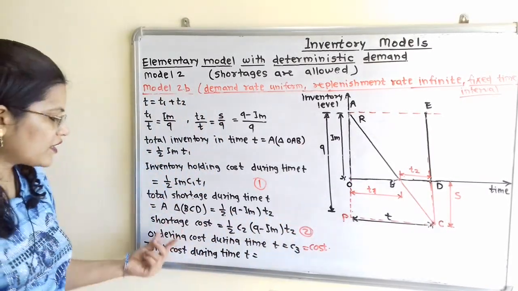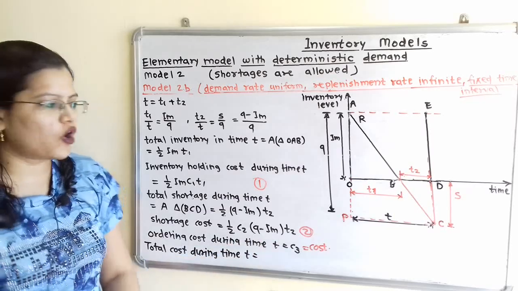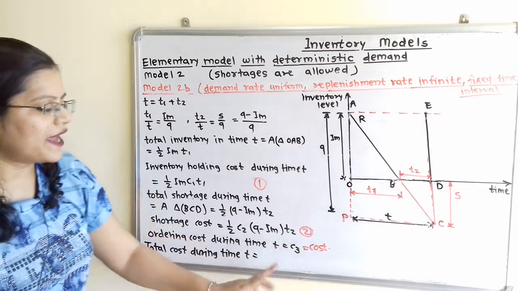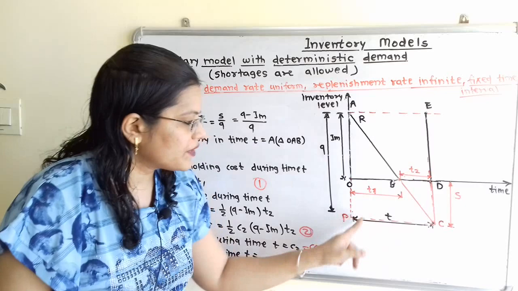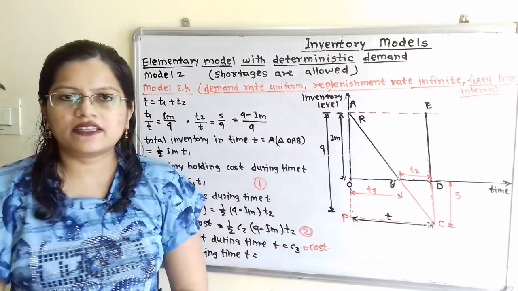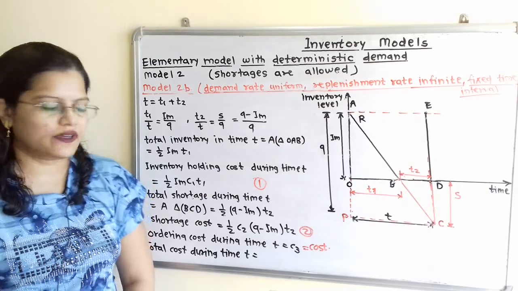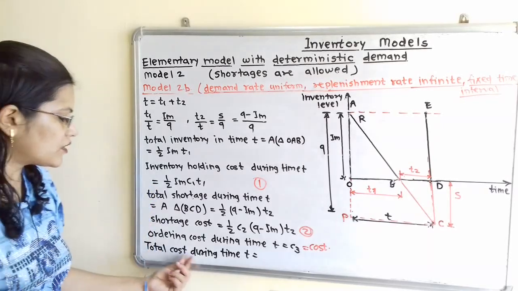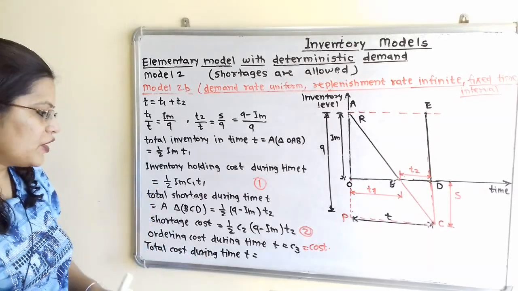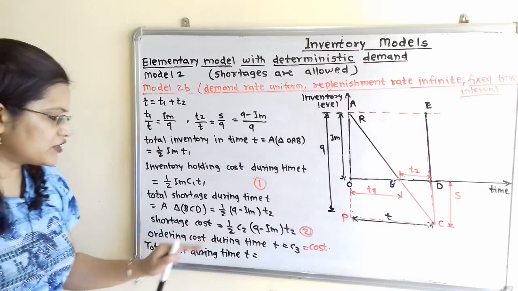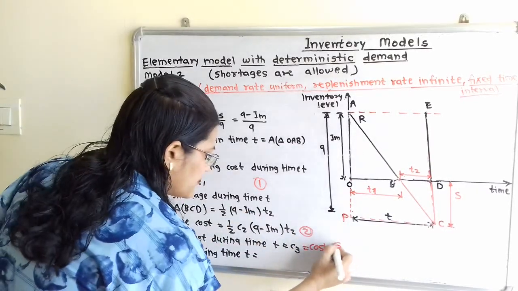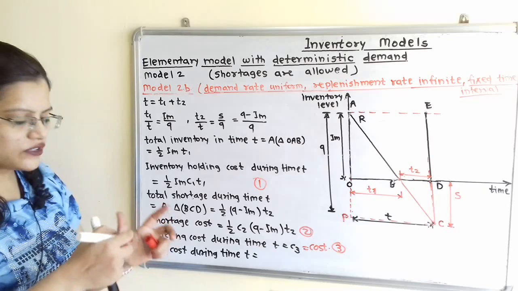Next is ordering cost during time T. So ordering cost is C3, and we know that this T is also constant and therefore C3 also remains constant. Now we will find out what is the total cost during time T. I will write here equation 3 for this ordering cost. So what is the total cost during time T?